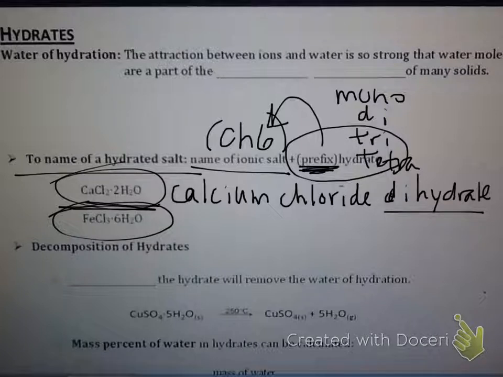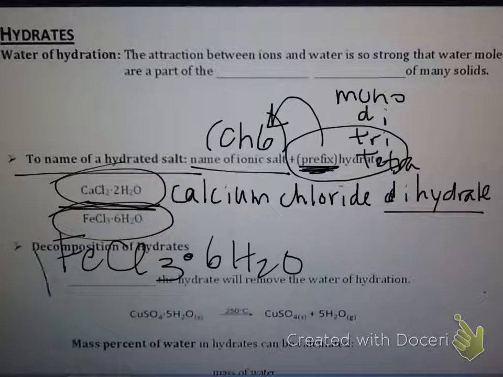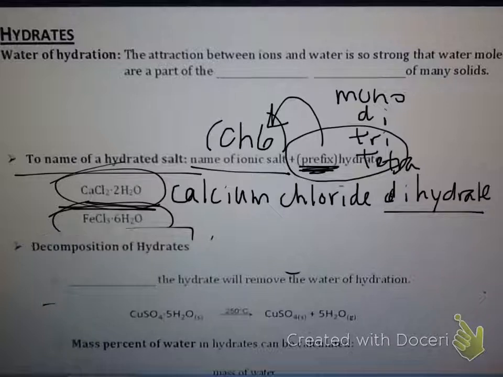FeCl3 dot 6H2O. All right, so we're going to name the salt first. Now, this is an iron chloride salt, but remember, iron can have two different charges. It can be +2 or it can be +3. Because chloride's -1, there's 3 of those, so -3 charge total.